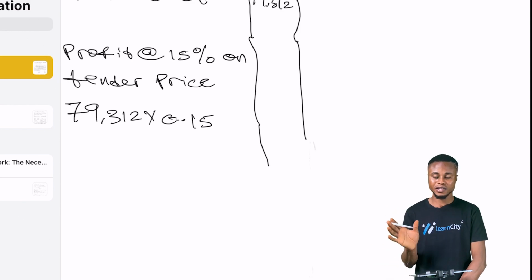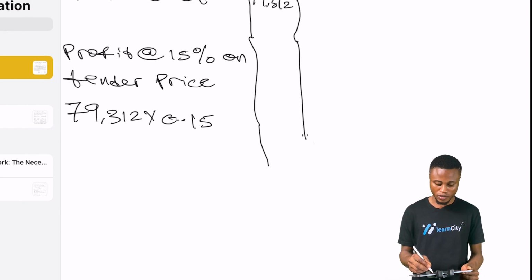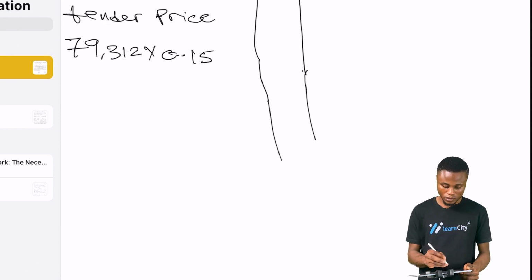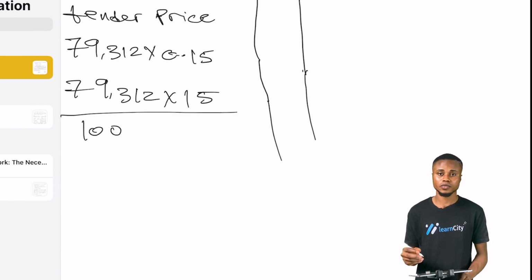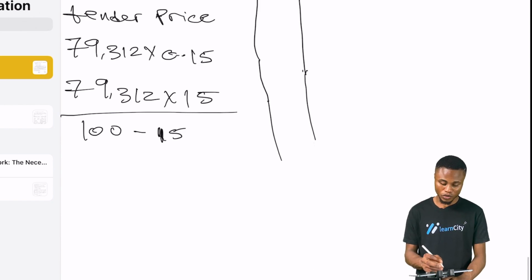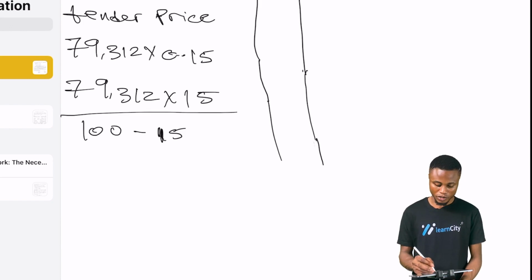But before we apply it like that, let's do it in this simple way. $79,312 multiplied by 15% all over 100, of course, that's the standard measurement for percentage, minus the 15 percentage rate that was given also. If you do that, that is when we are going to see the real value of our money, which is 13,996.